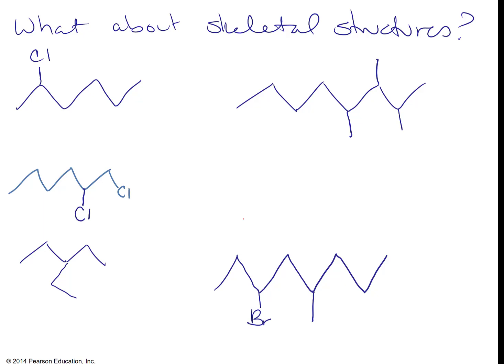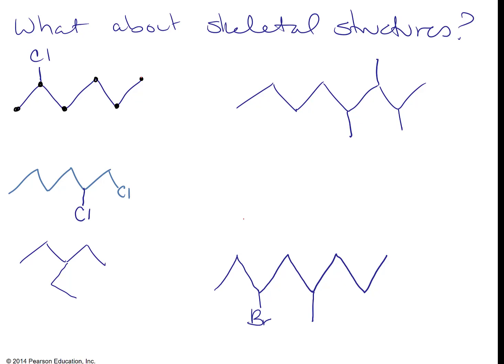So looking at this top left one, how many carbons in that molecule? Carbon, carbon, carbon, carbon, carbon, carbon. Every end and every corner is a carbon. The one sticking up is the chlorine coming off of the group, so that's not a carbon on that end.